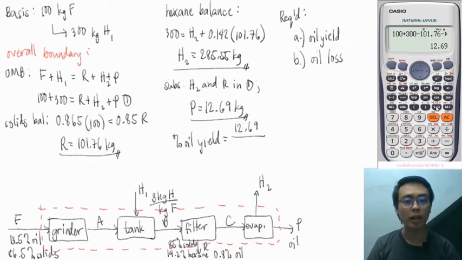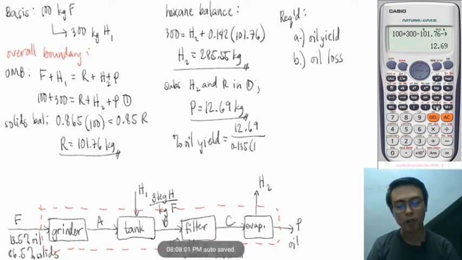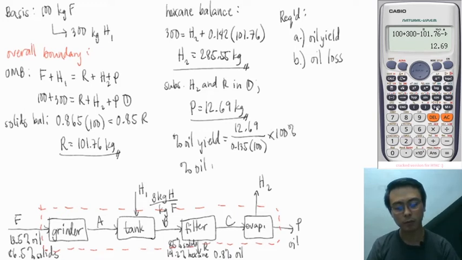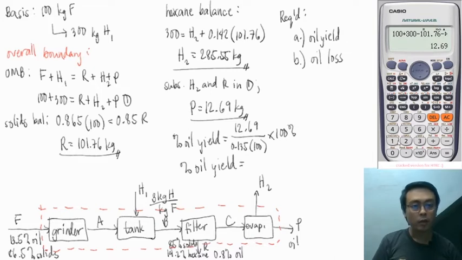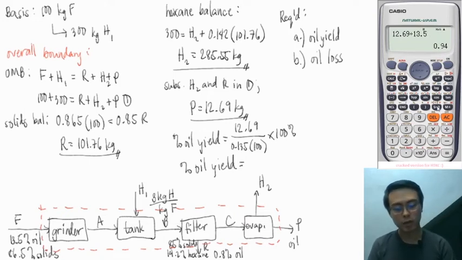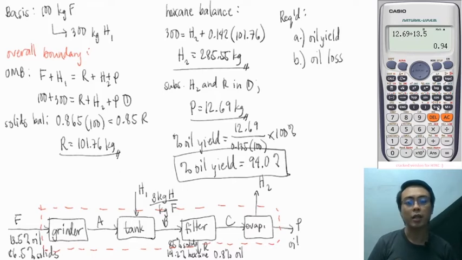That is the oil in F, that is 13.5% of 100, which is the feed, times 100%. 12.69 divided by 13.5, we get an oil yield of 94%, to three significant figures. That is a high oil yield. If you are gathering 94% of the incoming oil, then this is a pretty efficient process.